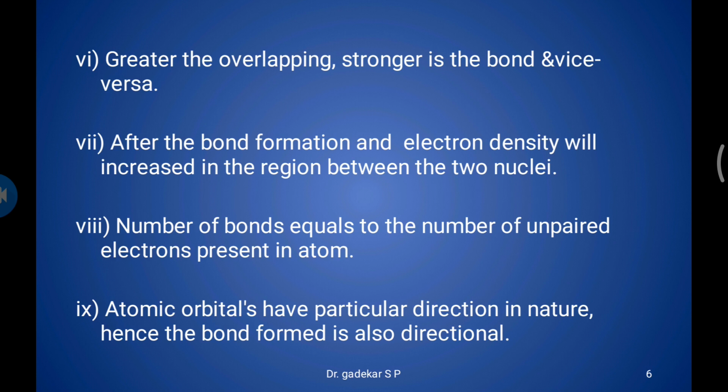Suppose one unpaired electron is present in an atom, it forms only one bond; three unpaired electrons in each atom form three bonds, etc. Similarly, atomic orbitals have particular directions in nature, hence the bond formed is also directional. Okay, so these assumptions are explained by Pauli and Slater theory.